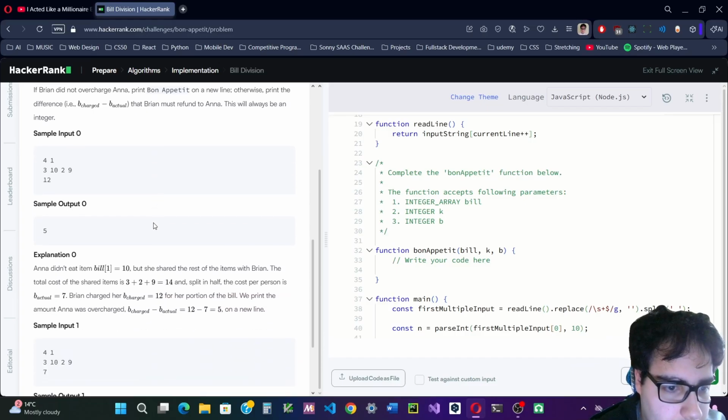Anna didn't eat item bill 1. She shared the rest of the items with Brian. Total cost shared is 3 plus 2 plus 9 equals 14, and split in half the cost per person is 7. Brian charged her 20 for her portion of the bill, so the amount Anna was overcharged is printed on a new line.